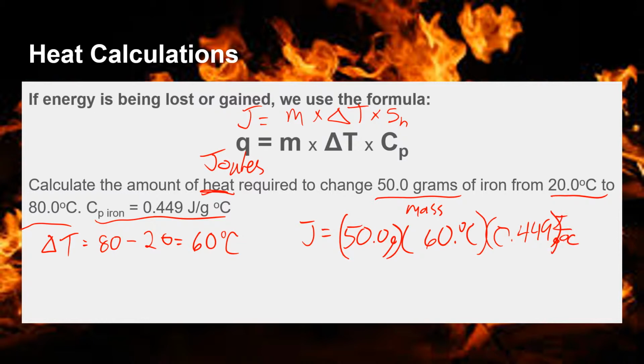And we talked about how grams cancel and degrees Celsius cancel, so all you're left with is joules. The units are trying to tell you how to do this. So 50 times 60 is 3,000, and 3,000 times 0.449 is 1347. So J equals 1347 joules. And if you were doing significant digits, that would be 1350.